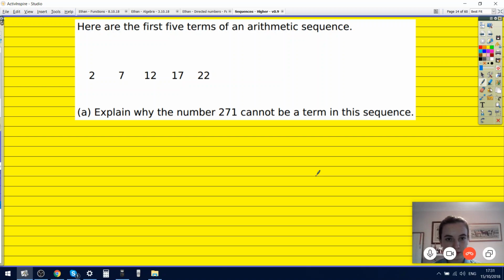Okay, how about this? It never ends in 1. Yeah, so 271 ends in 1. And the other numbers don't.